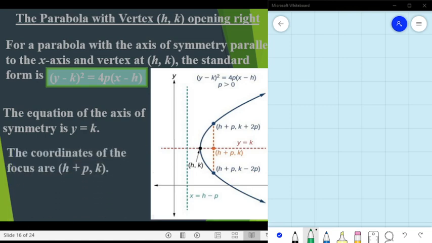Okay, the coordinates of focus, ang imong h mo ay imong plusan o minusan here. The coordinates of the focus are ang imong h sa vertex plus ang imong p units, and then copy the k. Then the equation of the directrix is x equals h minus p.